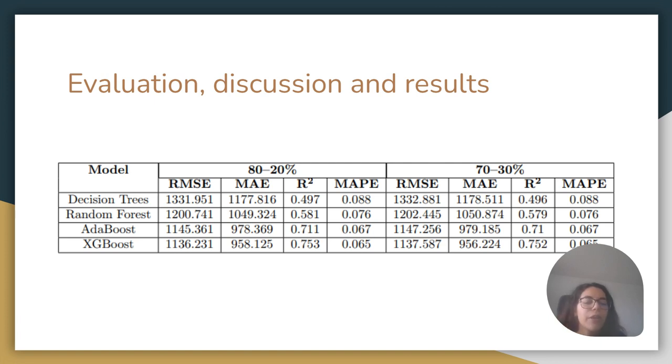We obtained better results with 80 to 20%. As you can see, based on the metrics we used, RMSE, MAE, R squared, and MAPE, we obtained better results with the XGBoost model.